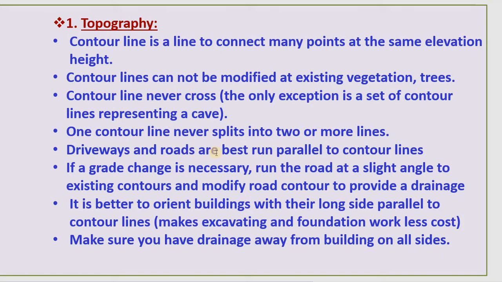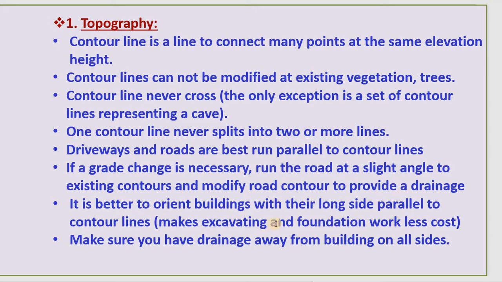Driveways and roads are best run parallel with the contour lines. If a grade change is necessary, run the road at a slight angle to the existing contour, and modify the road contour to provide drainage.